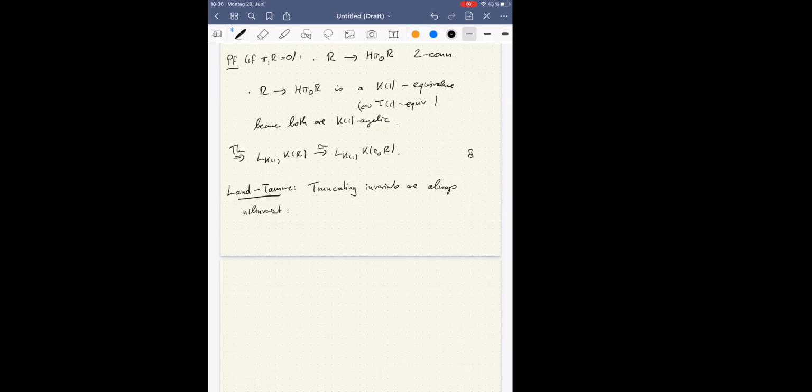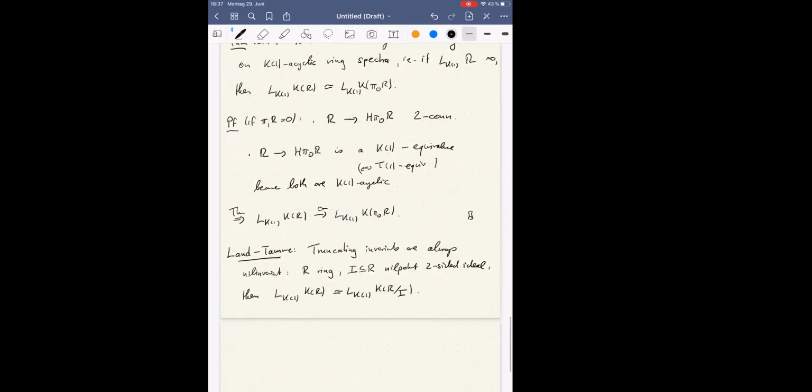So in our case, this means that if R is a classical ring and I in R is a nilpotent two-sided ideal, then the K-theory is insensitive to quotienting by this nilpotent ideal.